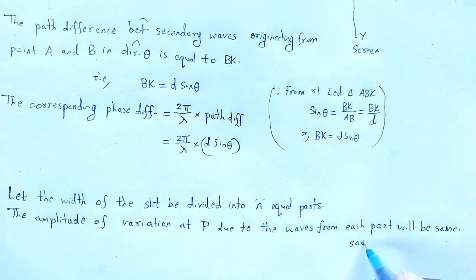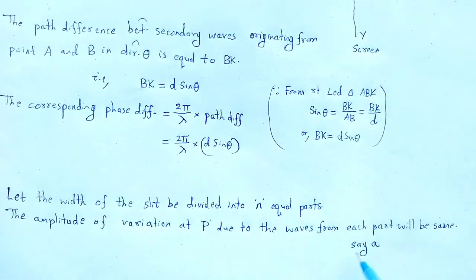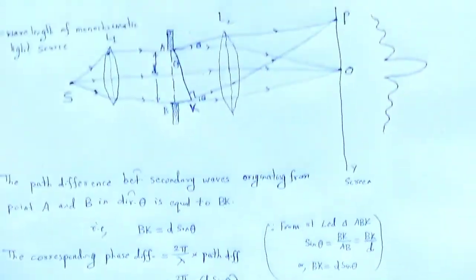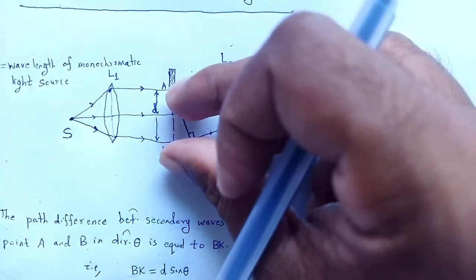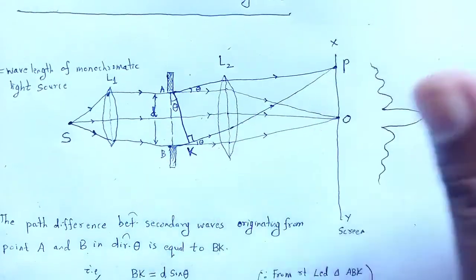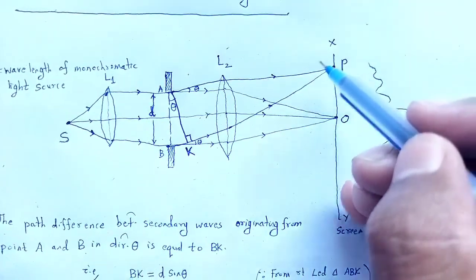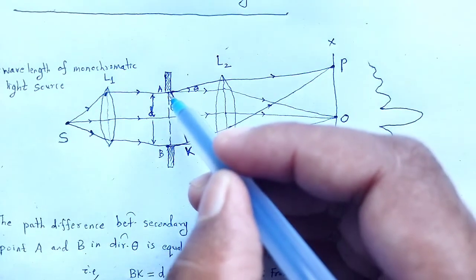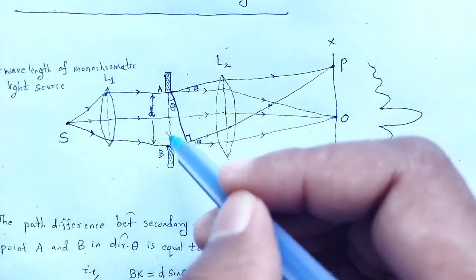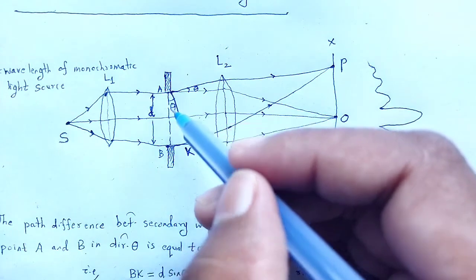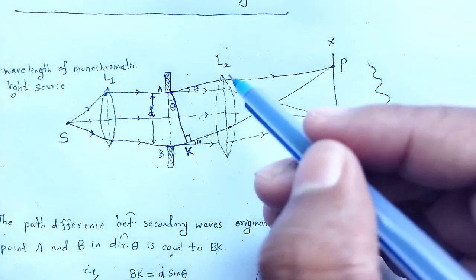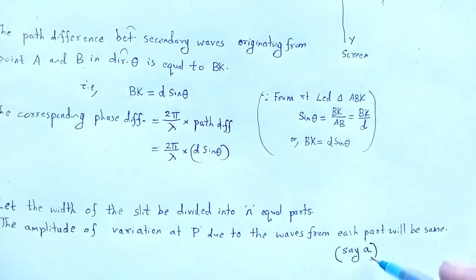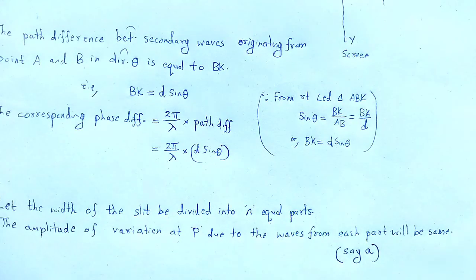Let us say that be the amplitude A. Since we take the slit divided into n equal parts, at point P the waves start from these n number of equal parts. Let each wave have the same amplitude, equal to small a.